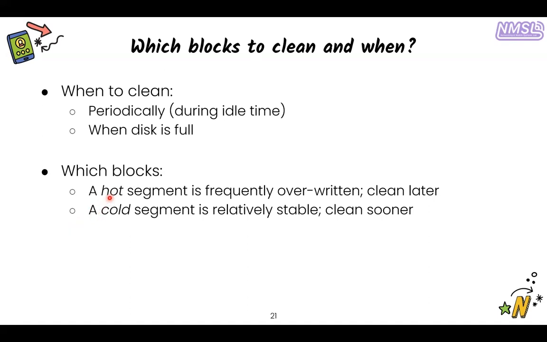A hot segment is frequently overwritten, meaning there's a lot of reading and writing going on here. So possibly we don't want to collect this, right? Versus a segment that is relatively stable and hasn't been changed for a while, then it's probably better to collect those more often.